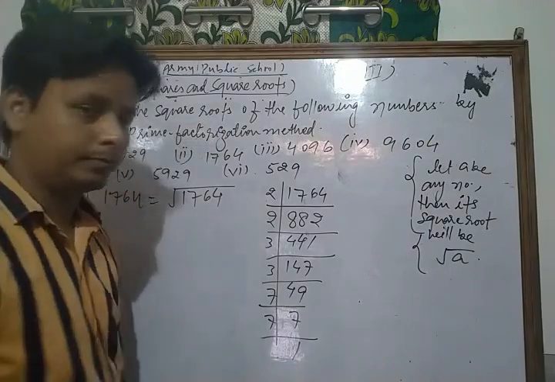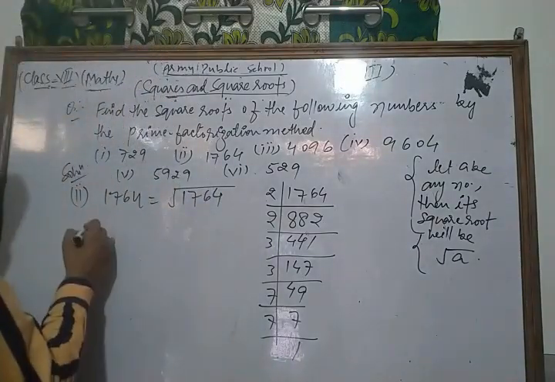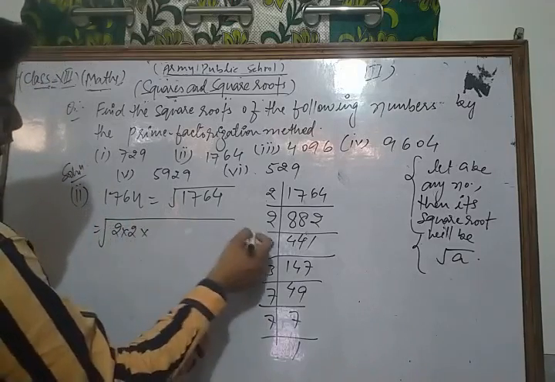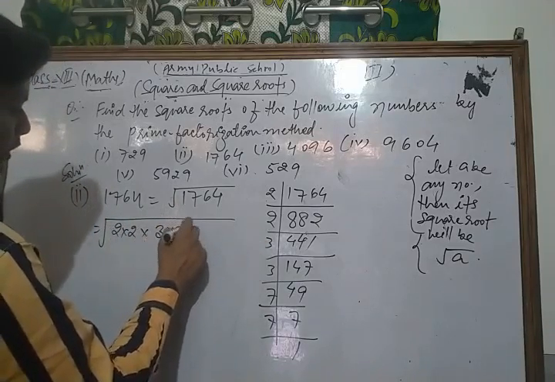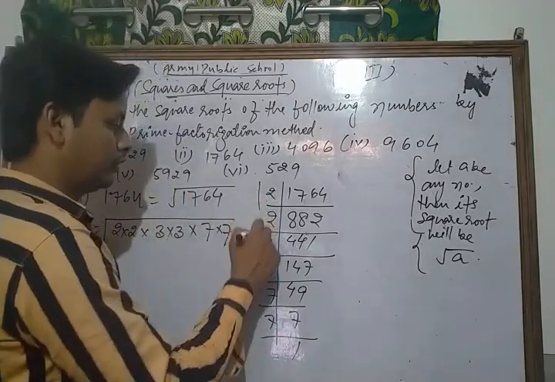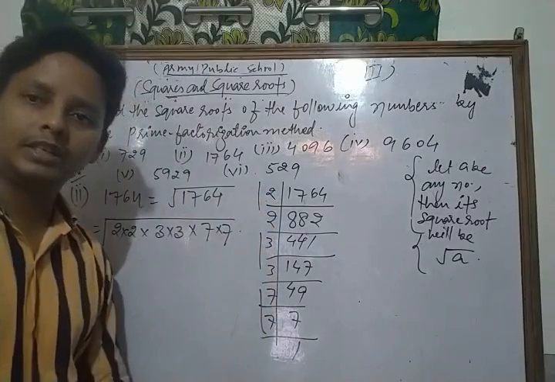Now we write the square root like this: 2 into 2 into 3 into 3 into 7 into 7. First of all we form the pairs of each number.